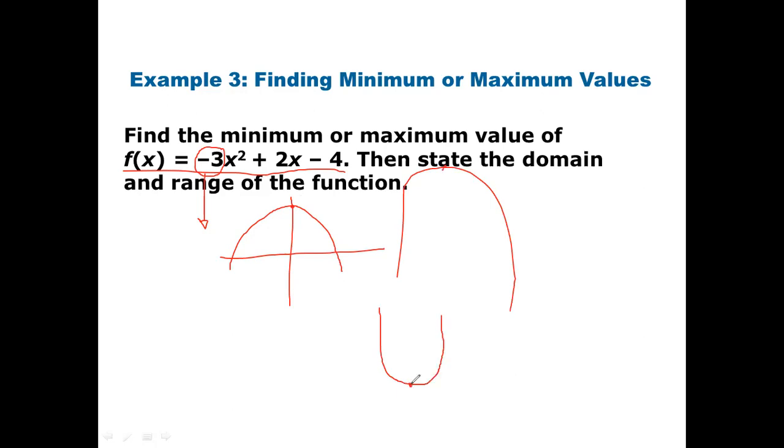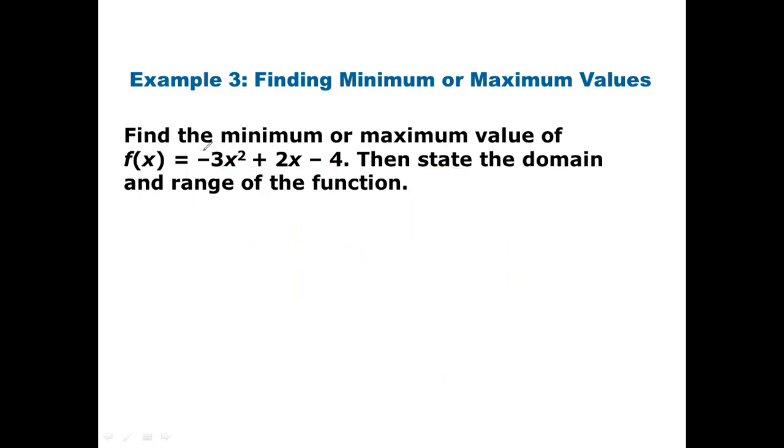That will be our task today, to find the maximum and minimum values of quadratic functions, given this example, negative 3x squared plus 2x minus 4. That is our quadratic equation.